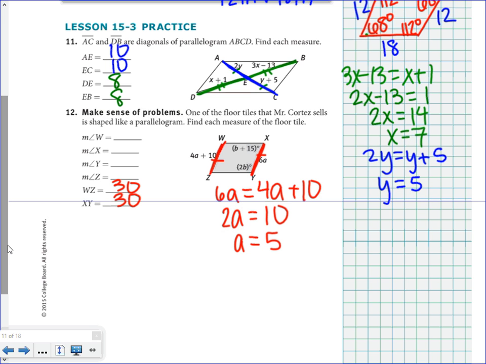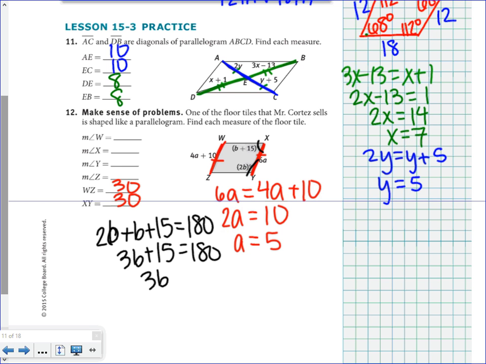Looking at the angles, these are consecutive angles, which means that they are supplementary. So I can say 2B plus B plus 15 equals 180. So 3B plus 15 equals 180. If you subtract 15, you get 3B equals 165. And then divide by 3, B would be 55.